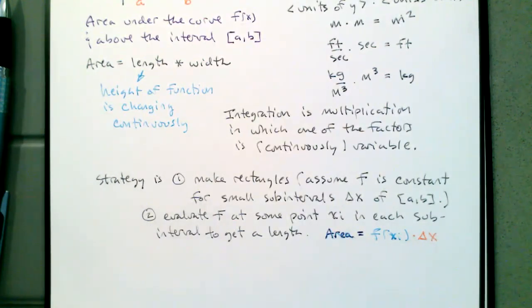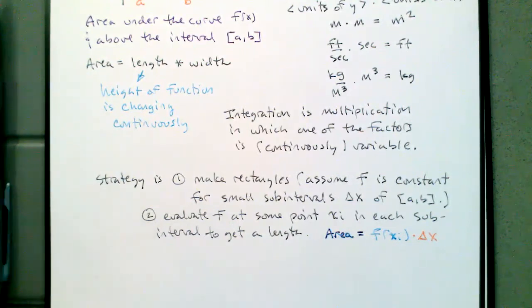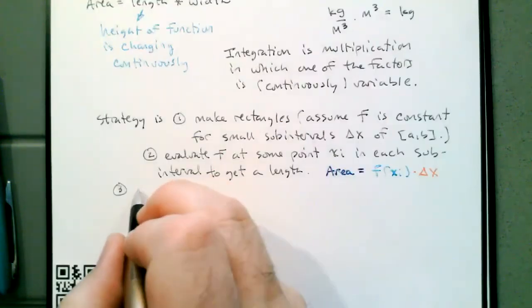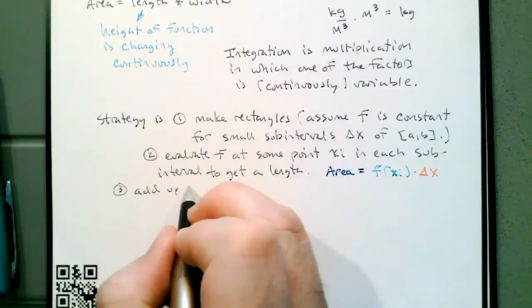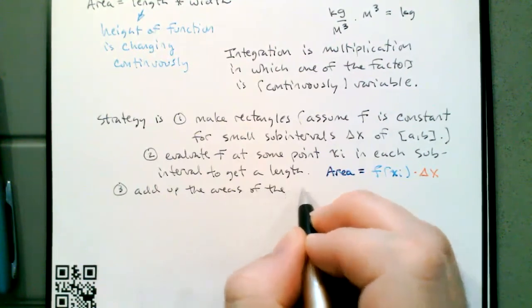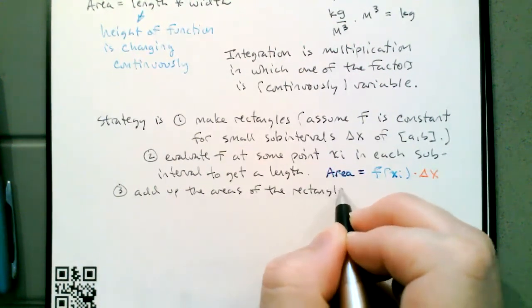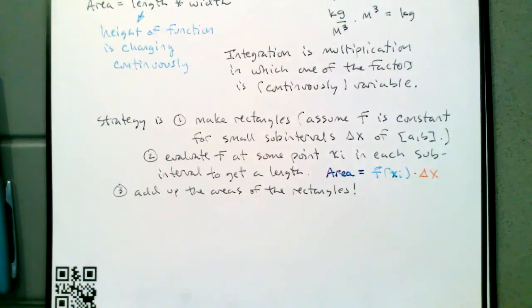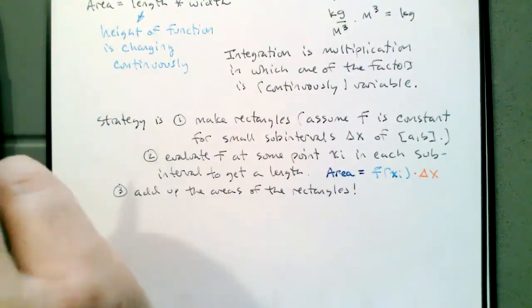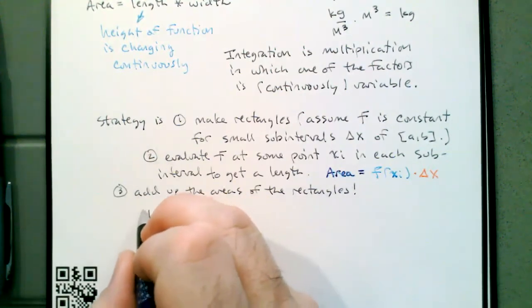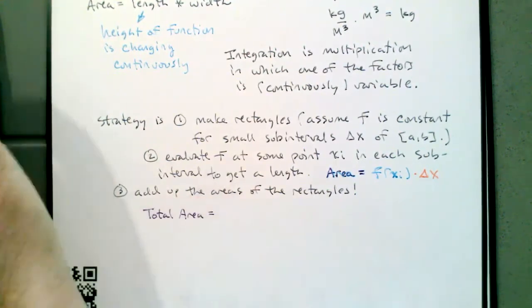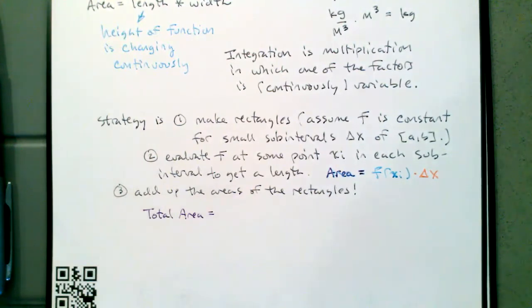Then we just add up all the areas of these rectangles. So our total area, we add up all the rectangles.